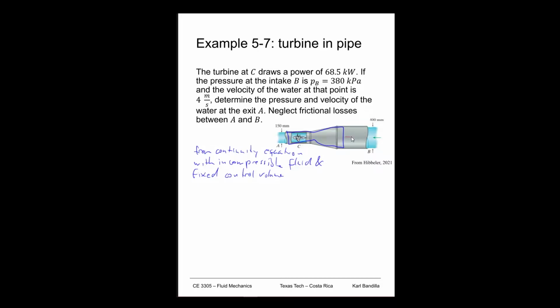So the normal for my area is going to be pointing outward, the velocity is pointing inward, so that would be negative. So I have negative VB times AB, and then of course on the other side, area is pointing in the same direction as the velocity, so that'd be plus VA times AA, and that's equal to 0.